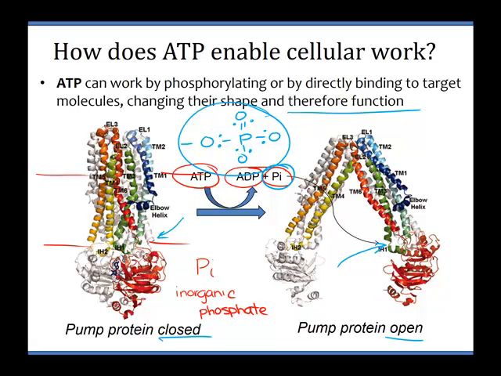You're going to change the pattern of hydrogen bonding, the pattern of ionic bonding, all those intermolecular forces in protein shape. And so you're going to change the protein's overall shape. Phosphorylating a protein, adding a phosphate group to a protein, can dramatically change a protein's shape. And so the main way we use ATP is to phosphorylate proteins and change their shape and change their function.